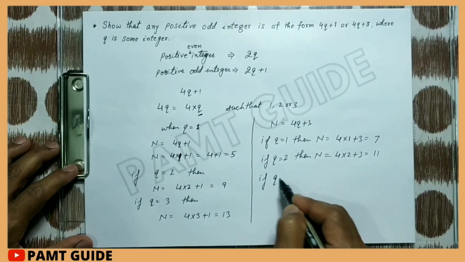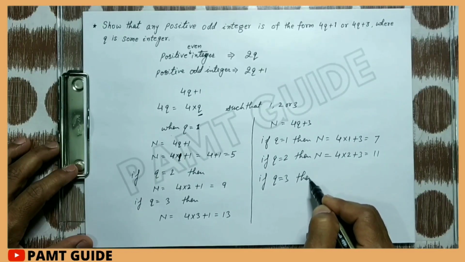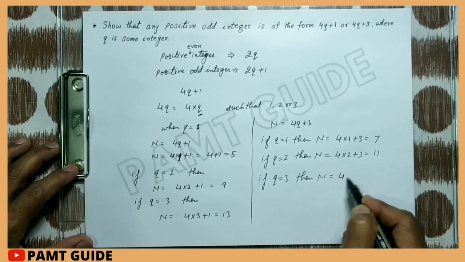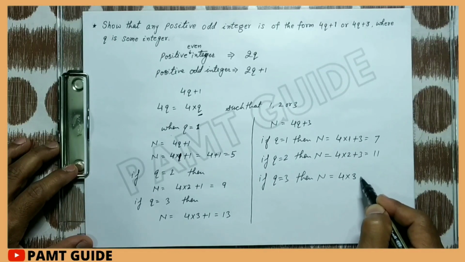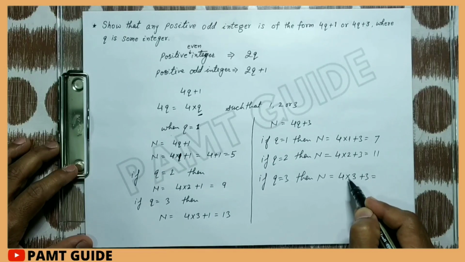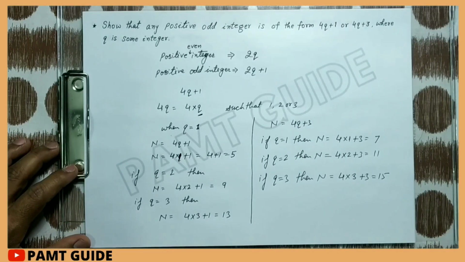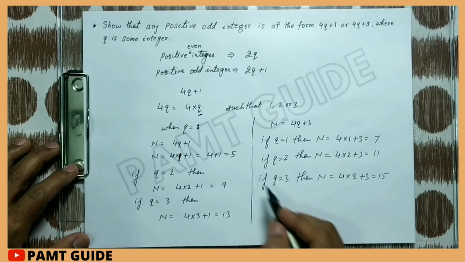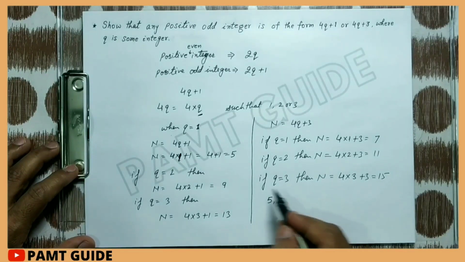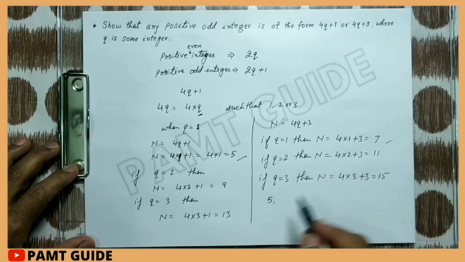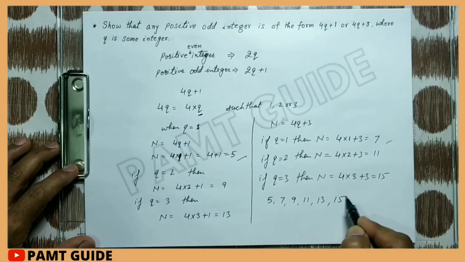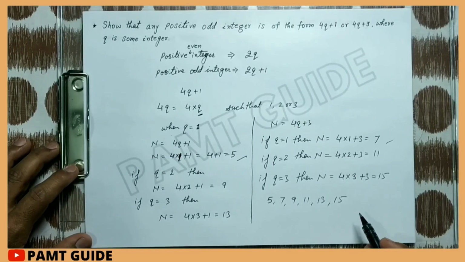And if q equal to 3, then n equal to 4 into 3 plus 3. 4 3 are 12 and 3 15. We obtain 5, 7, 9, 11, 13, 15 all are positive odd integers.